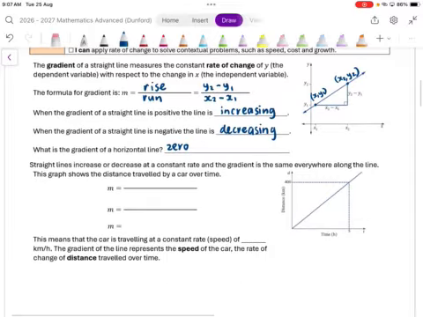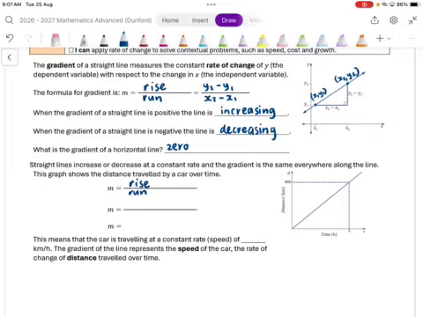So straight lines increase or decrease at a constant rate, and the gradient is the same everywhere along the line. This graph off to the side is an example of the distance travelled by a car over time. So how we work out the speed or the rate that the car is going is we do our rise over run.